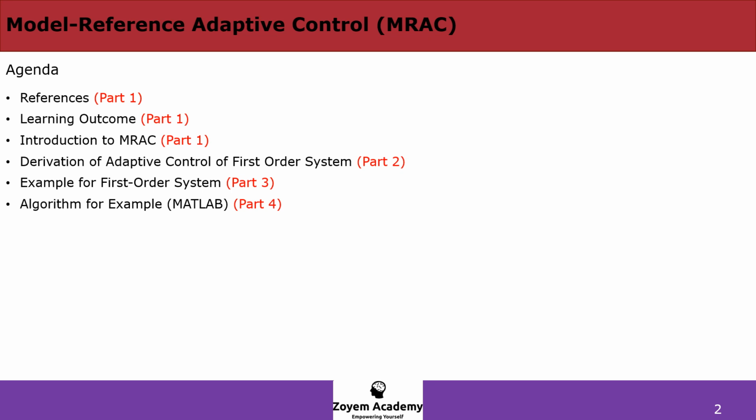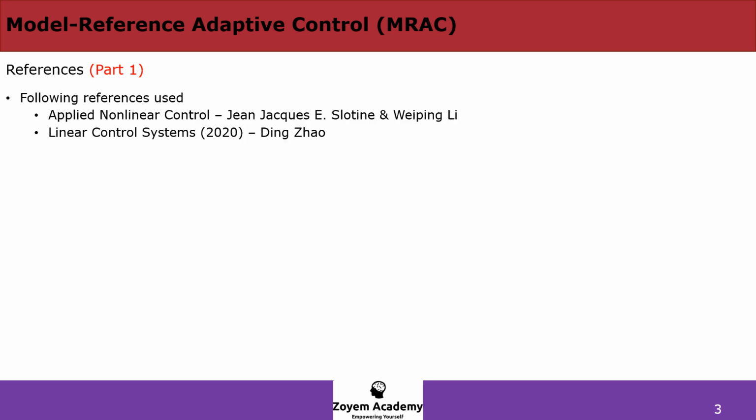The third and fourth parts are mostly going to be on solving an example for a first order system and then coding that in MATLAB. Those are the 4 different videos in the series, and these are the different references that we've used.